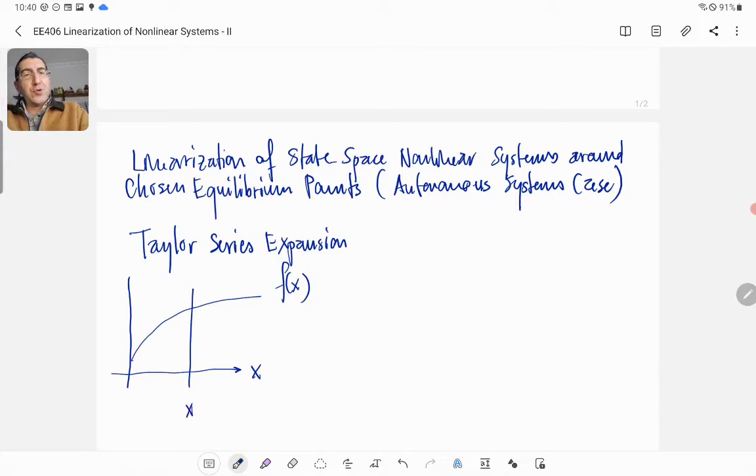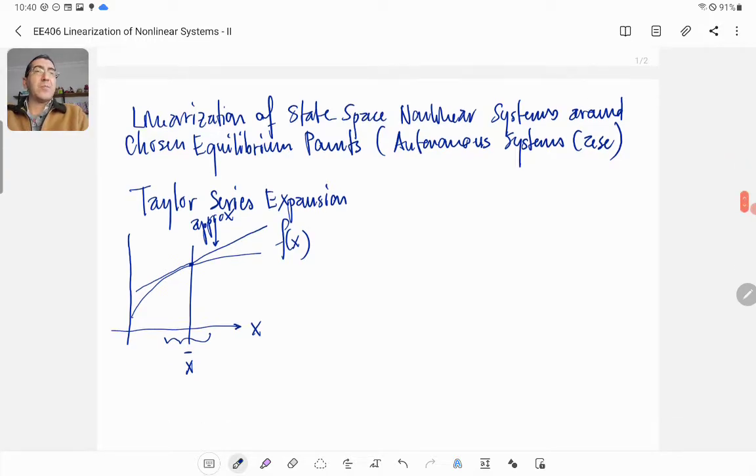If you choose any point x bar over here, we claim that around this point, the function can be expressed as an infinite series, and if we truncate this infinite series, we can actually find this line. So this is the approximation, but the infinite series actually expresses the function exactly around this point, the only problem being that you have an infinite number of terms.